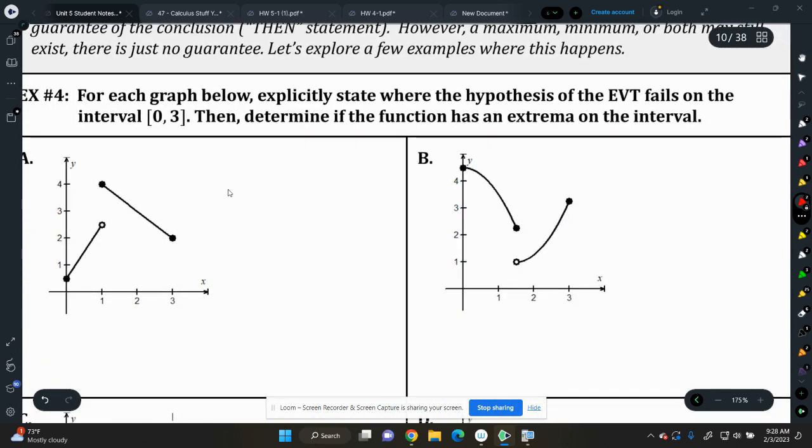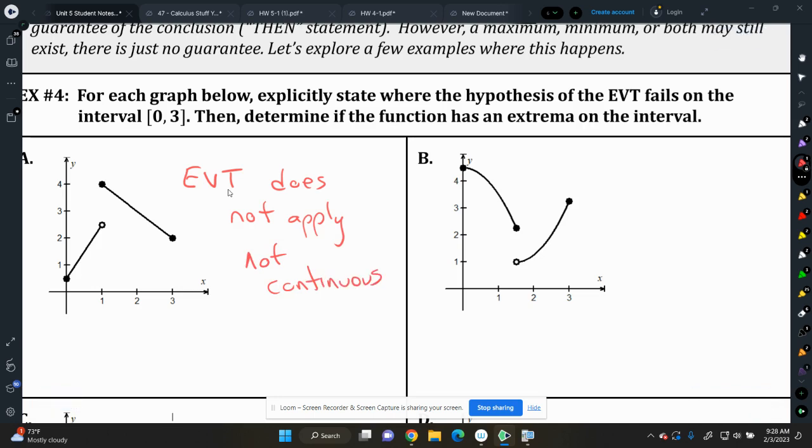So here in example 4, letter A, the extreme value theorem does not apply. Why not? It's not continuous. Same thing here. Not continuous. Same thing on B. Does not apply because it's not continuous.